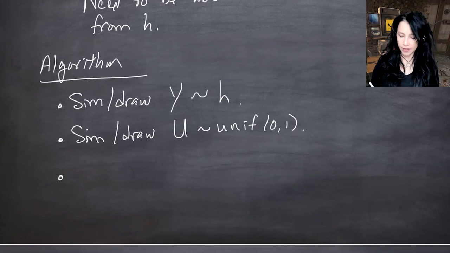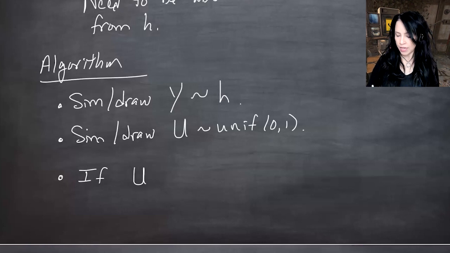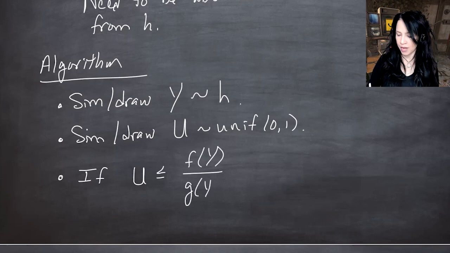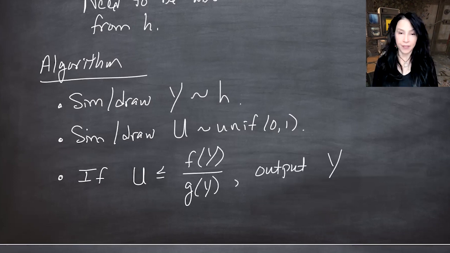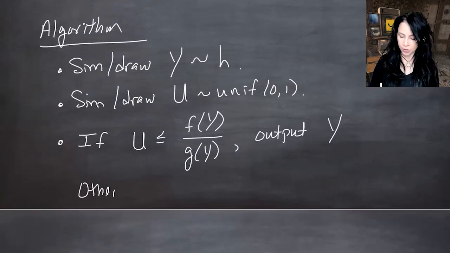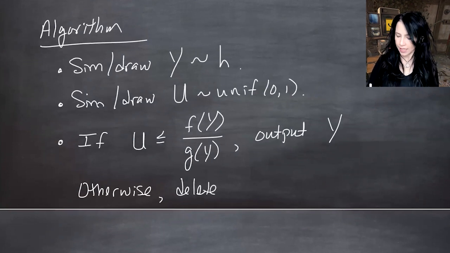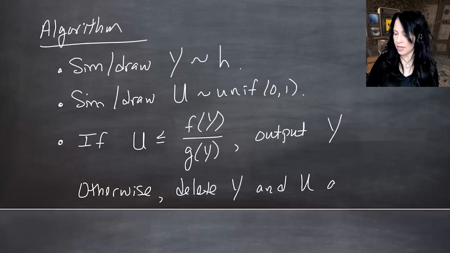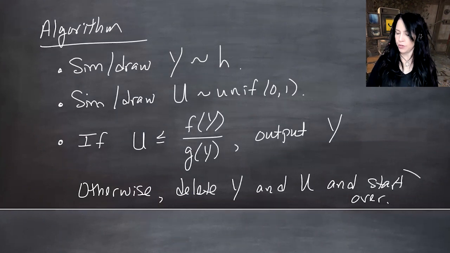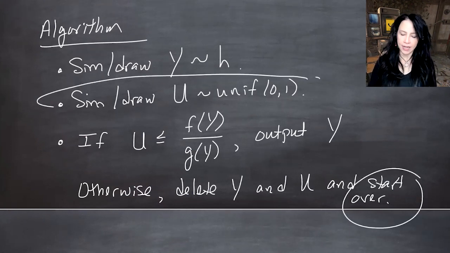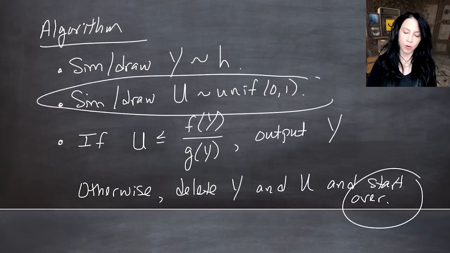The third and final step, depending on how you want to clump these together, is if U is less than or equal to f of capital Y over g of capital Y, you output Y. Otherwise, you delete everything, delete Y and U, and start over independently. And also, I should say that this U should be independent of Y.